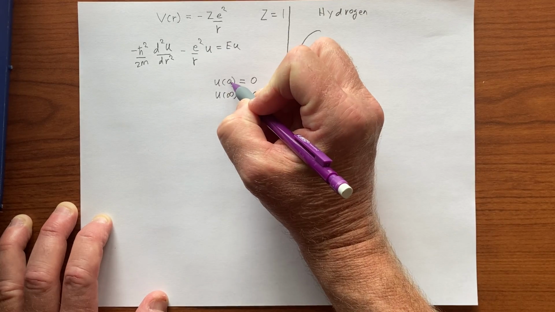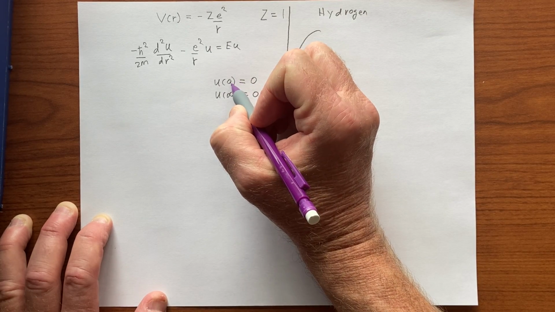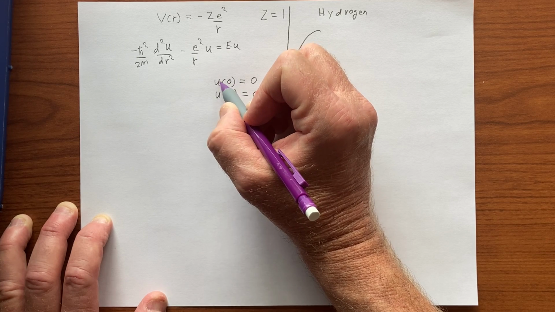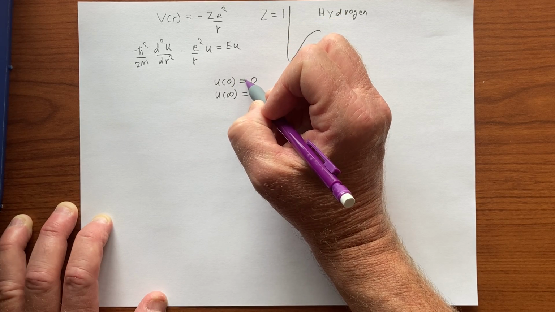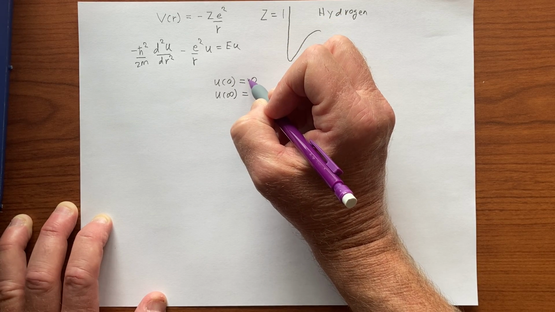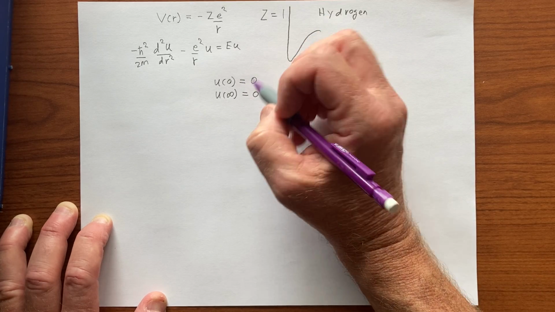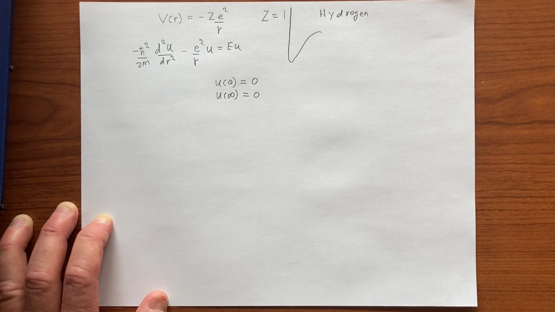This comes from u being r times the wave function, so at r equals 0, as long as the wave function doesn't go to infinity there, and that's not a possibility, right? That's finite, so u has to be 0 there.